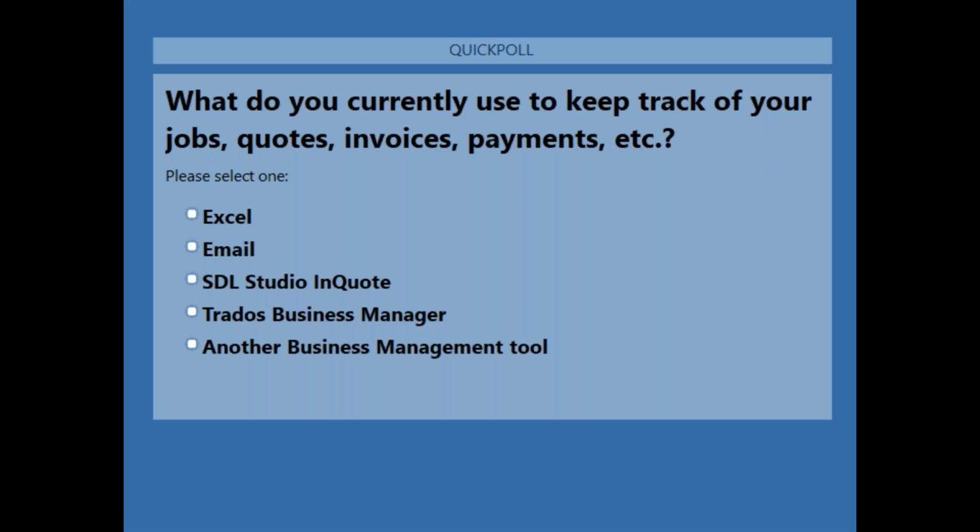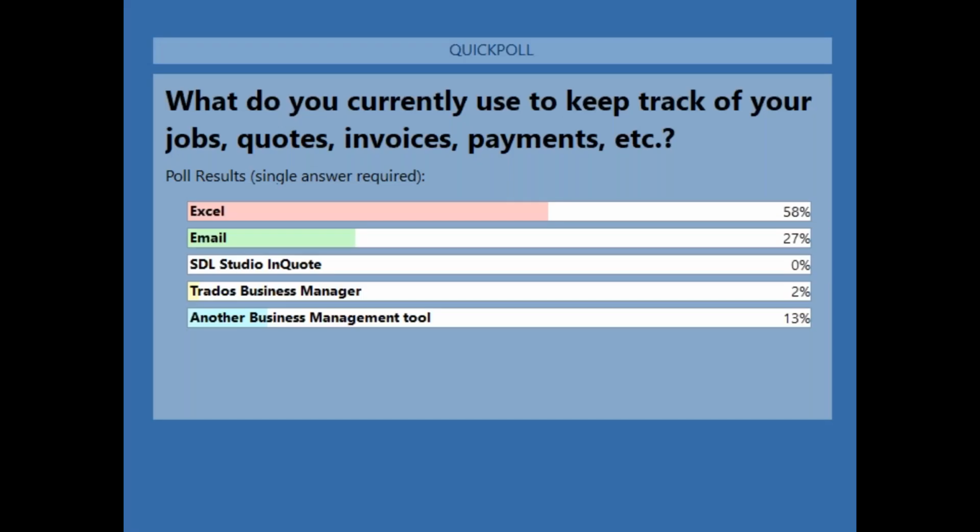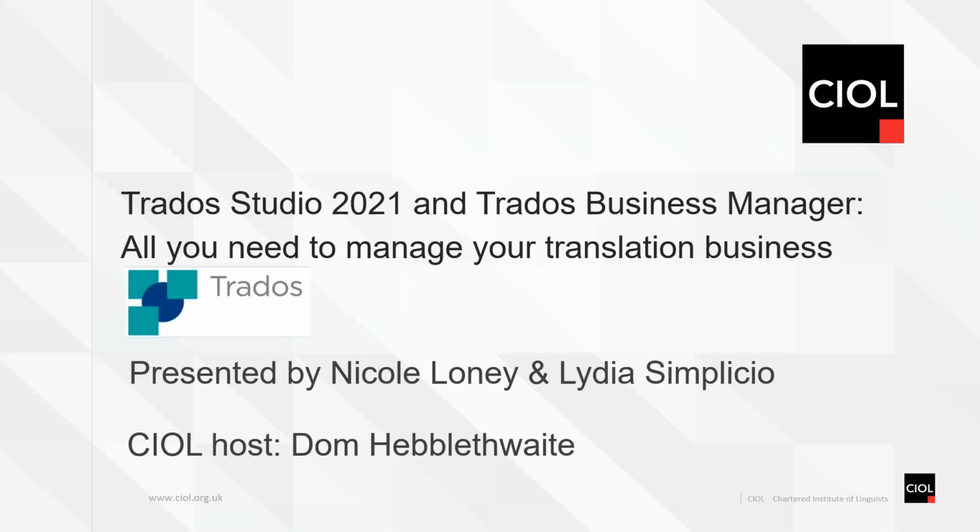Once again, thanks for your votes, which are coming in. I will hold it open for just a few more seconds. Okay. So we have, as we can see, the majority Excel, some just straight via email, a few with Trados Business Manager and a few with another business management tool.